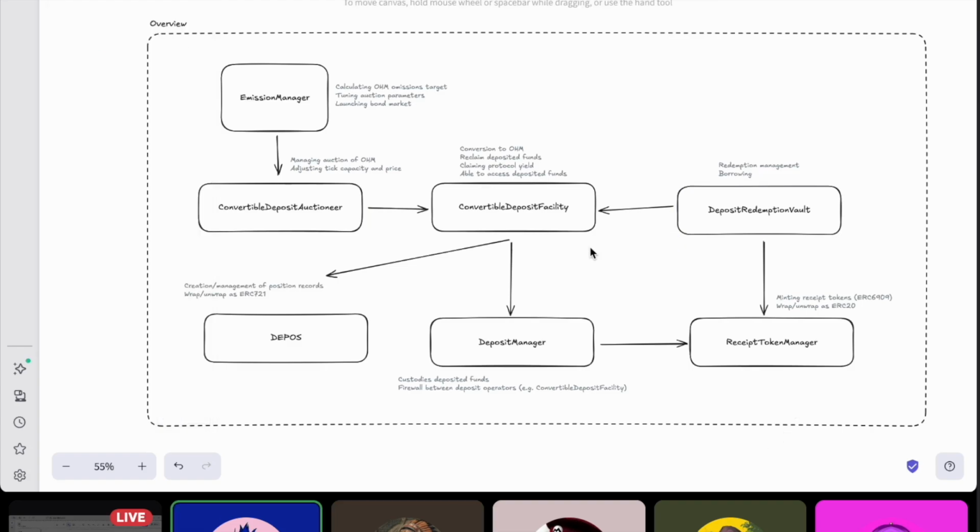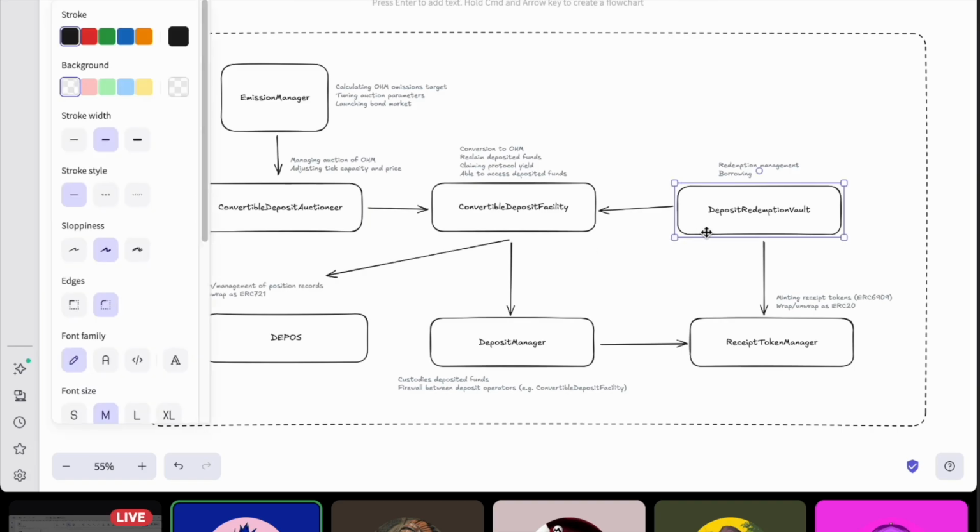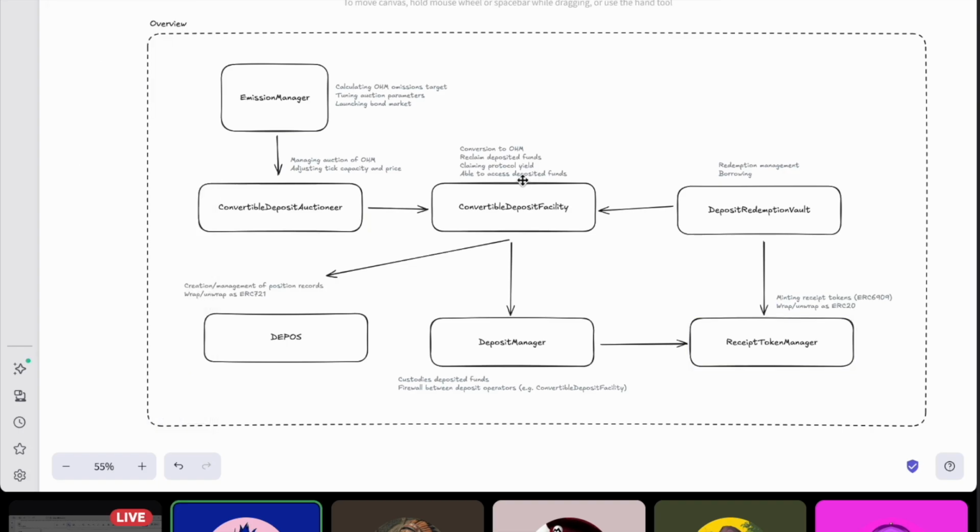And this is designed in a way where we can swap them out later on. We can not upgrade, but introduce a new version of the redemption vault. We can introduce a new version of these contracts, but the underlying these three will largely not change because their functionality is locked. Any important questions around that, or I can move on to auction mechanics?